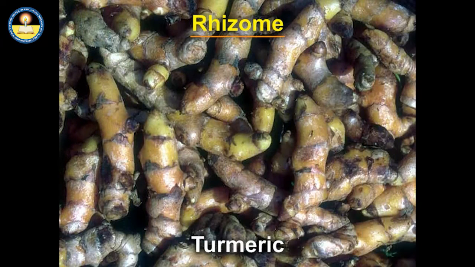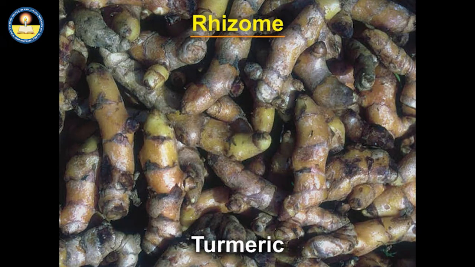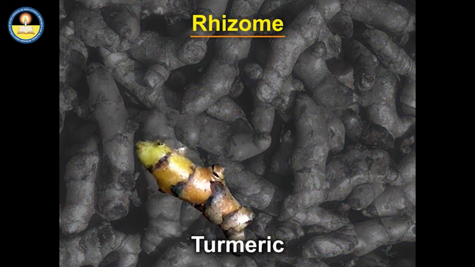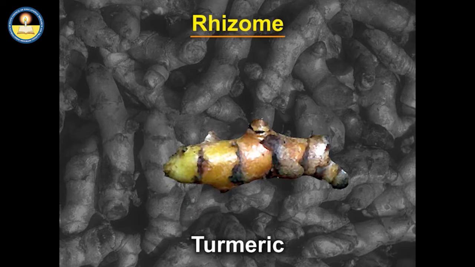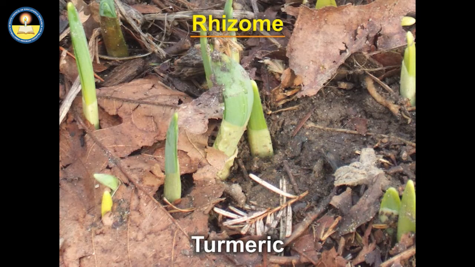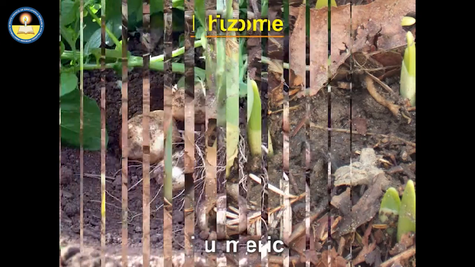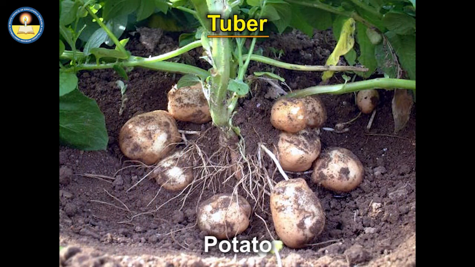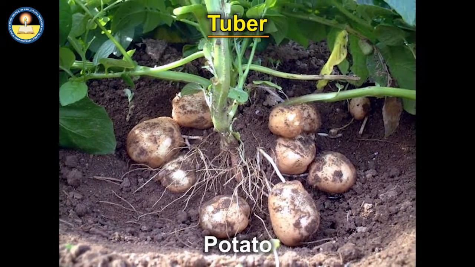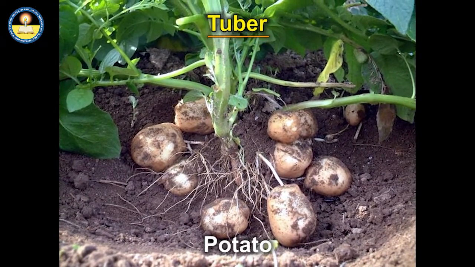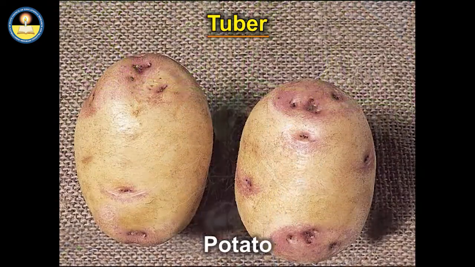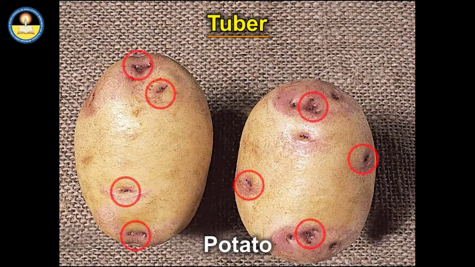This is turmeric. This is practiced by the farmer for growing new plants. Small plants having nodes are grown in the field. Tuber is a swollen, modified stem structure that functions as an underground storage organ. Since this is a stem, it has many buds all over its surface.